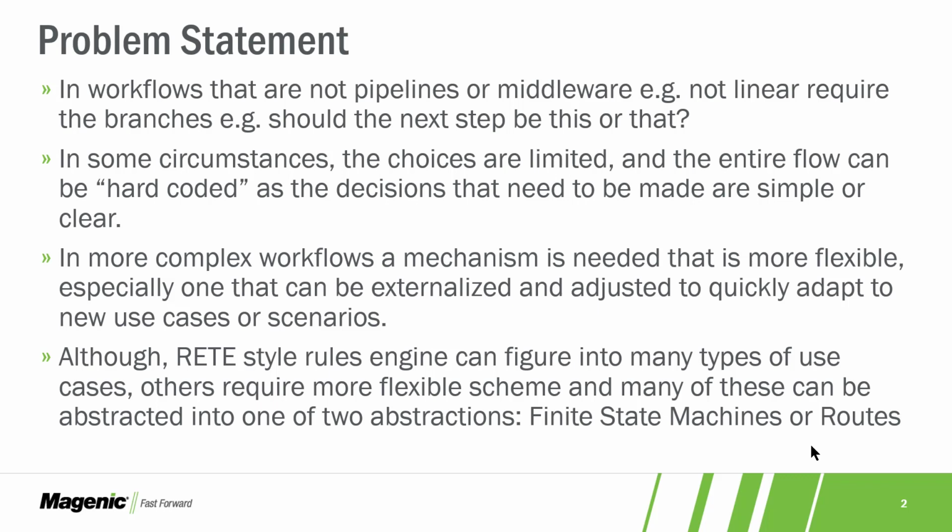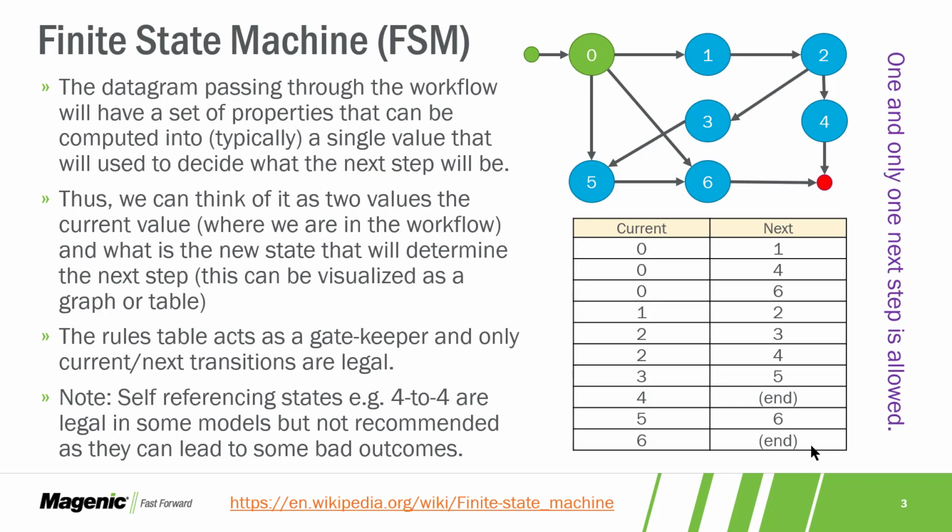So I wanted to talk about those and the pluses and minuses of each, and some of the consequences of being careful when you're making workflow systems, because they are some of the most complicated day-to-day things that we'll do in business applications. So let's start with finite state machines.